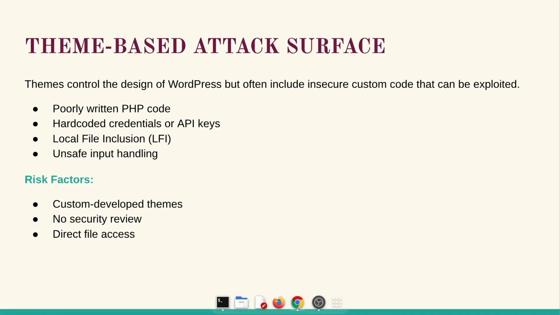Plugins are usually publicly reviewed, but themes are not audited and are written by developers with weak security knowledge. Themes are trusted blindly, so we have to review all of this properly. We have to write secure PHP code, harden credentials, and make sure API keys don't live in the backend. So many instructions will be followed by us.